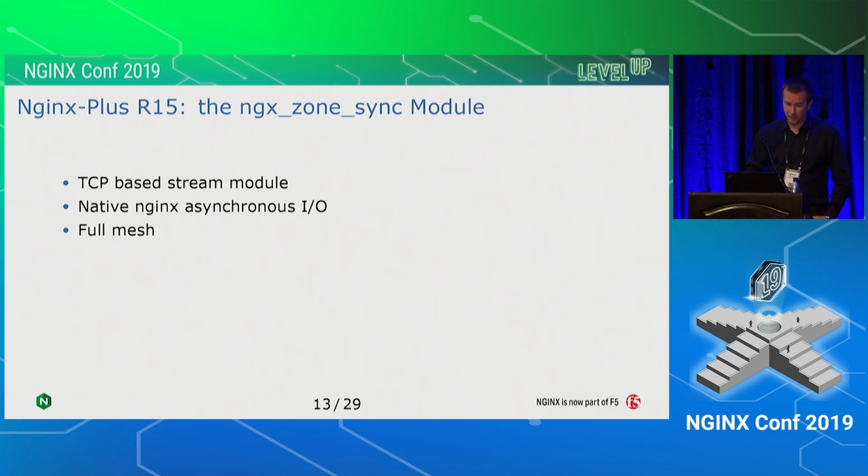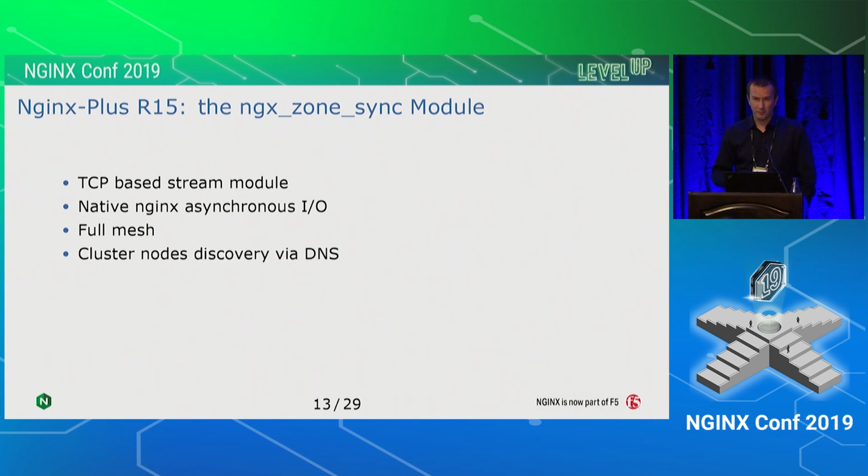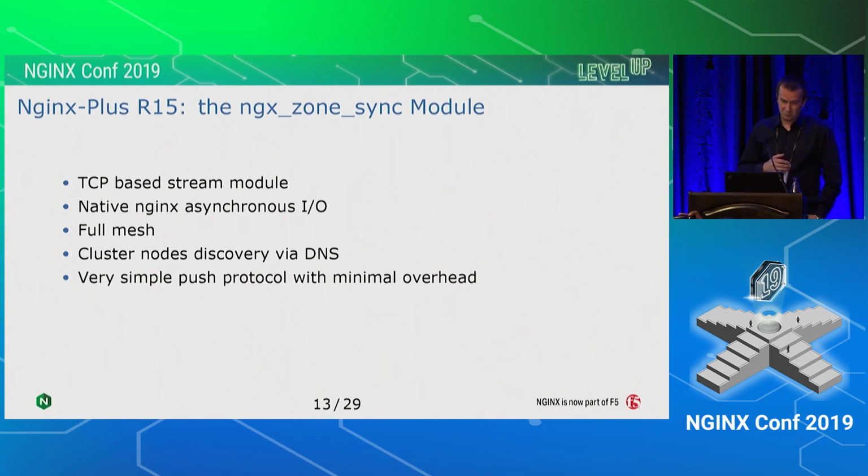All nodes connect to each other. And cluster nodes can be discovered by means of DNS. To push the data between nodes, we use a simple protocol with minimal overhead. It's really lightweight. And we provide full TLS support, so your communication between nodes is secure.